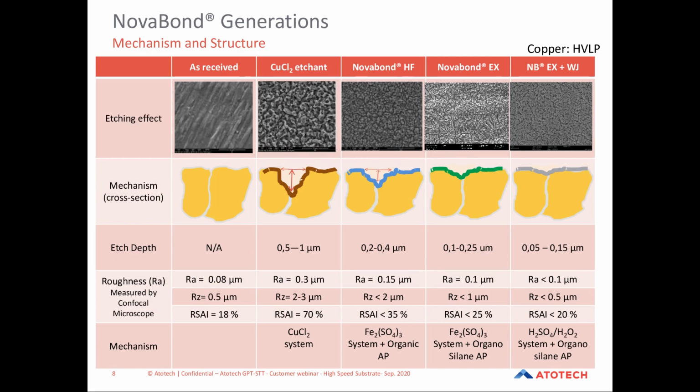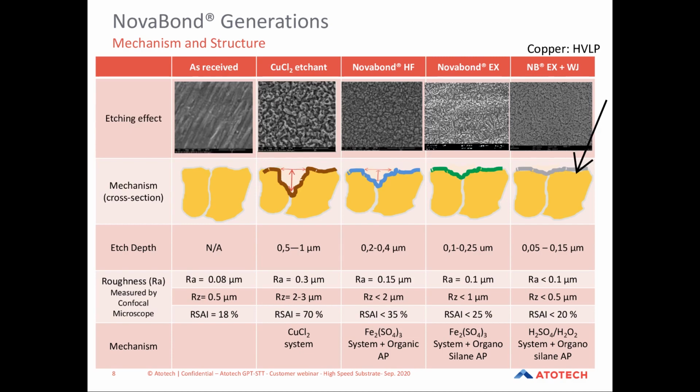The target of this development is, of course, to follow the requirements of the electronics industry for IC substrate high speed. You can see that the edge step is getting lower and lower. We targeted 0.2 and 0.4, and eventually we would like to have it very minimized, like 50 or 150 micrometer for NovaBond EX plus WJ.